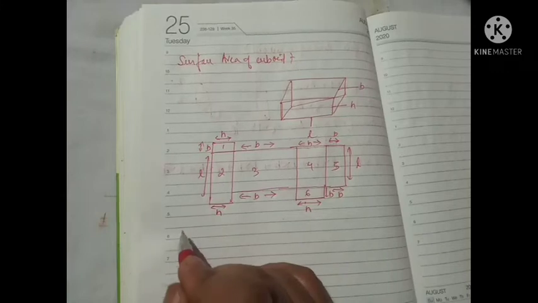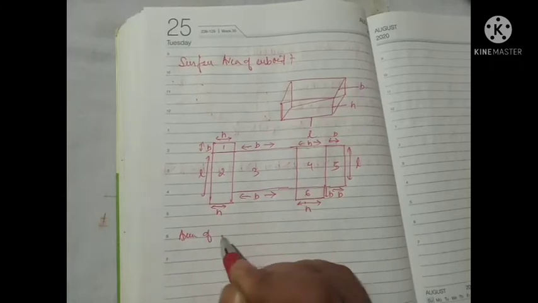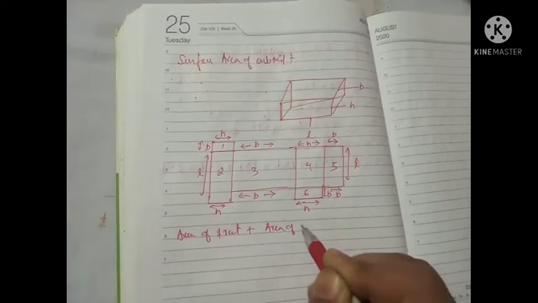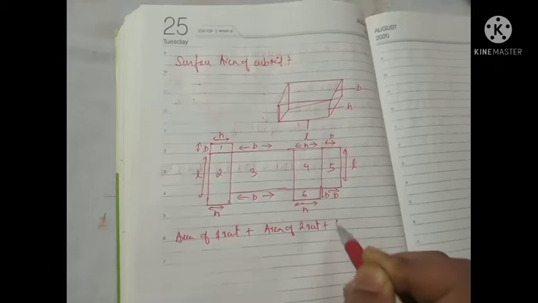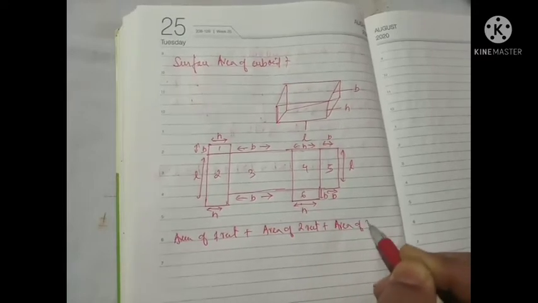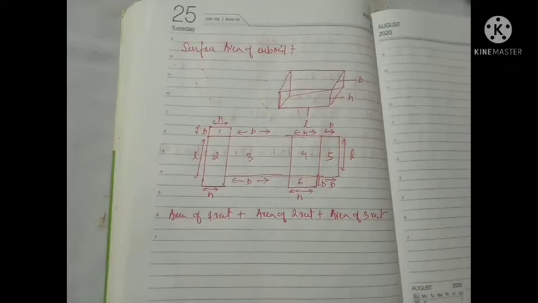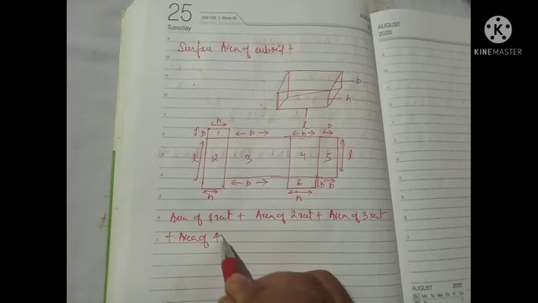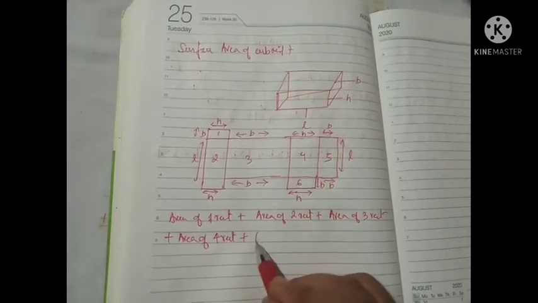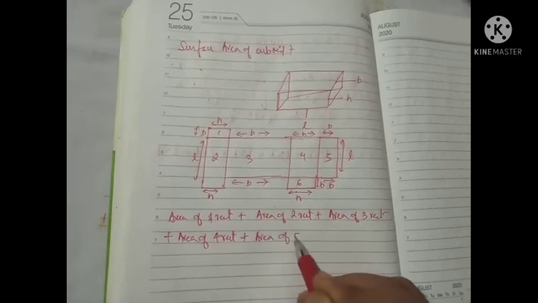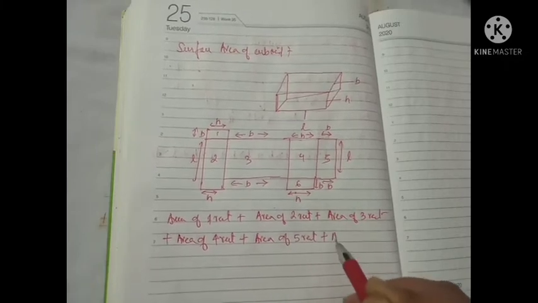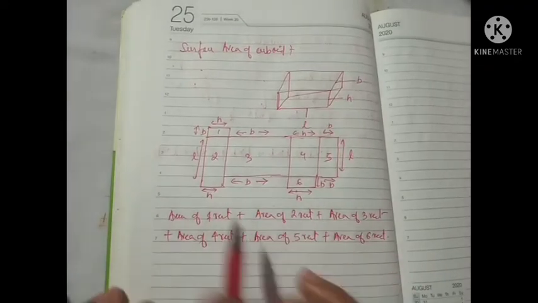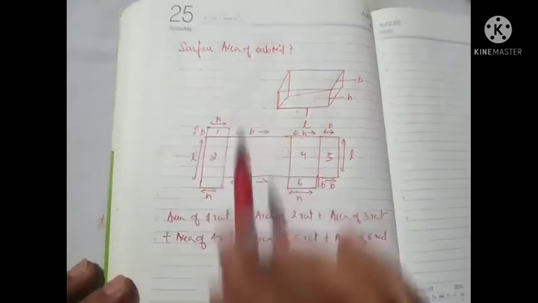So: area of the first rectangle plus area of the second rectangle plus area of the third rectangle plus area of the fourth rectangle plus area of the fifth rectangle plus area of the sixth rectangle. All these areas together will give the total surface area of a cuboid.